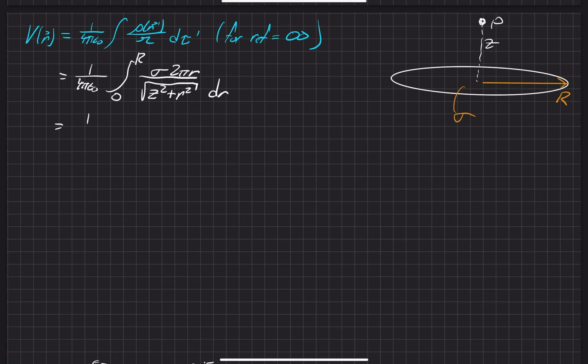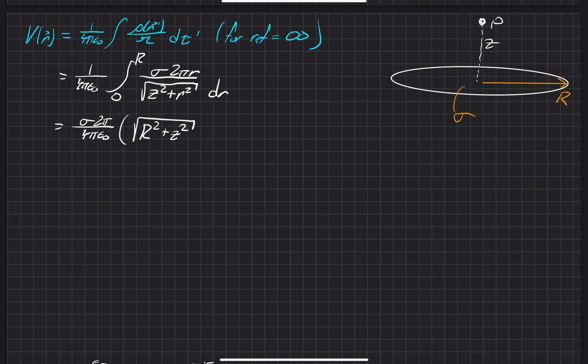We can pull out all of this, not the r, but that. And what we're left with is, let's see here, let's clean it up. Sigma 2 pi over 4 pi epsilon naught. Gonna need to clean that up later. And the integral, what's left is r over square root of all that stuff under there. And that's one you're gonna want to know in the back of your pocket.